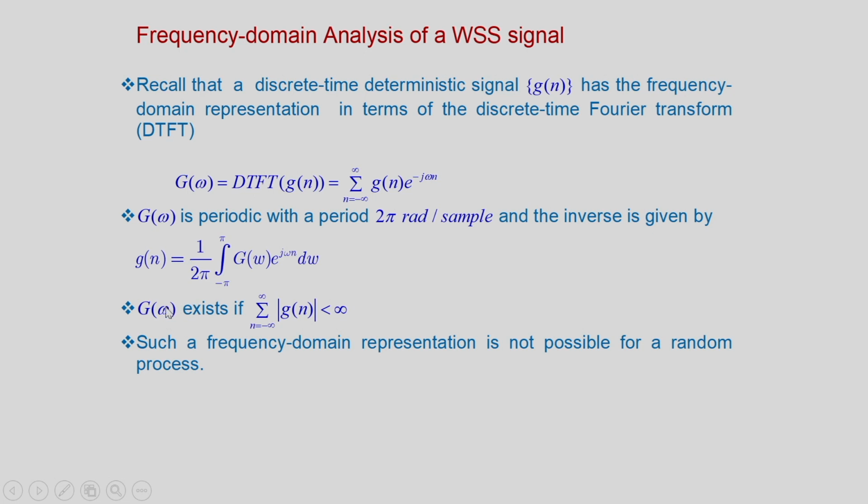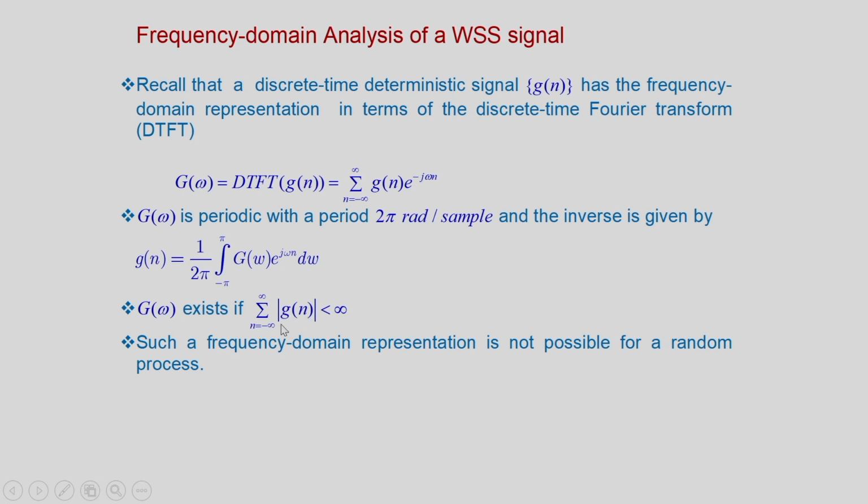Now, capital G(ω), the Fourier transform, exists if this sum exists, that is, the sum from n equal to minus infinity to infinity of the absolute value of g[n] is less than infinity. In other words, g[n] is absolutely summable. In that case, G(ω) exists. And we can also write a simpler relationship, that is, instead of mod g[n] we can write g²[n].